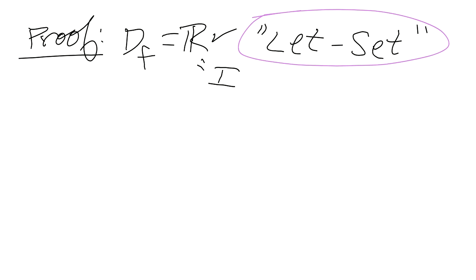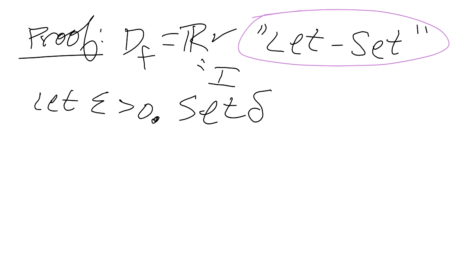Anyway, so the proof: let epsilon be greater than 0. So epsilon is some tiny number that's going to create a vertical window around my limit L, which happens to be a height of 3. So let epsilon be greater than 0, and then we're going to set delta equal to whatever we came up with in our scratch work.